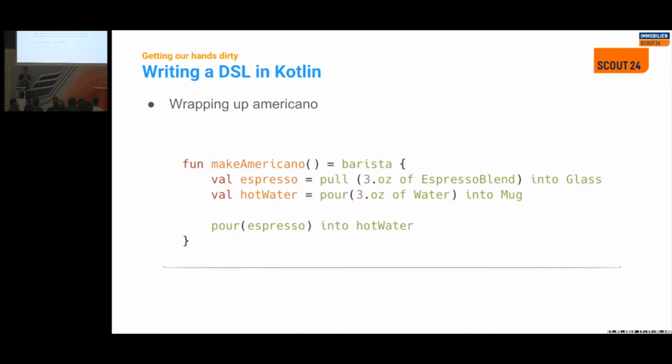We just added a new function, pour, which starts a pour action, which also has an into function and is again type safe. And we have our own little first DSL. It looks pretty good, and I think it fulfills a lot of the criteria.